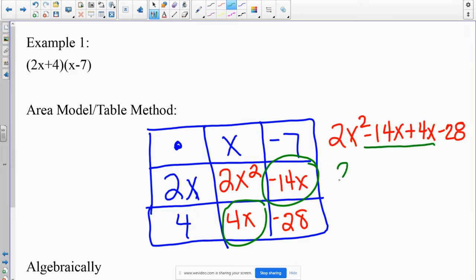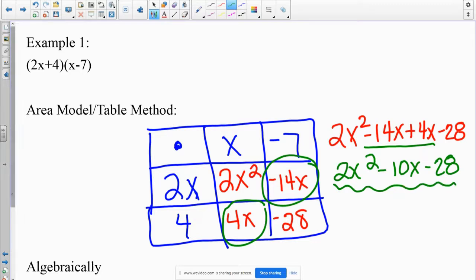So we get 2x squared, and then the negative 14x plus 4x gives us negative 10x, and then you have the negative 28. So when you multiply a binomial times a binomial, in this case, we got a trinomial. Let's see if that always takes place in the examples we have.